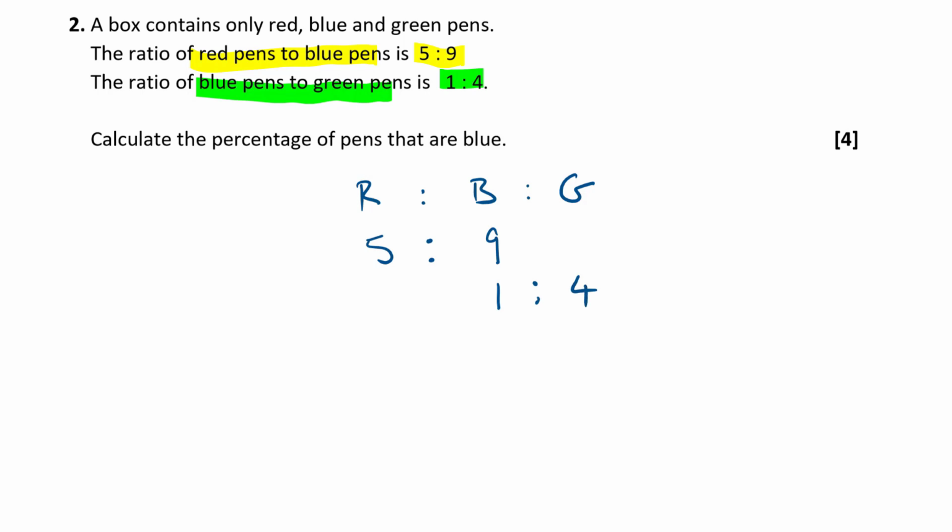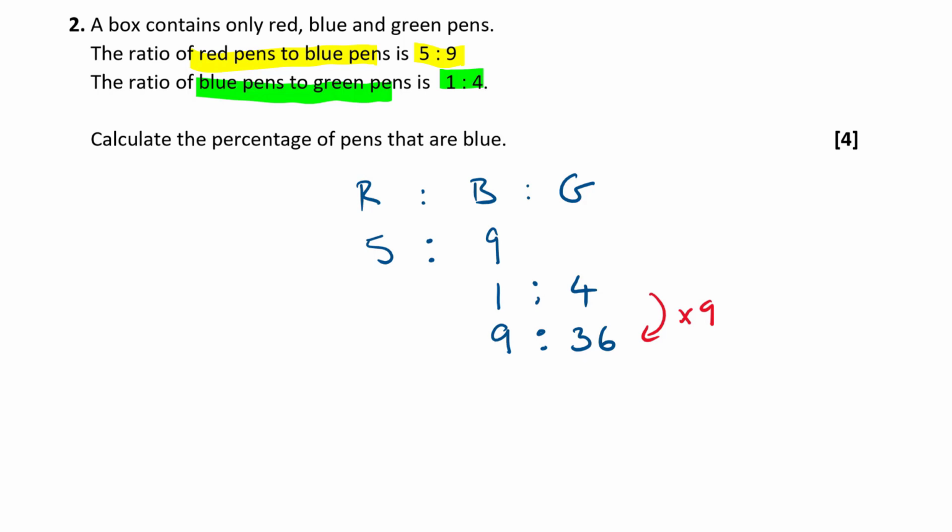Okay, so notice I've got 2 blue numbers. I've got a 9 and a 1. Now if I can take this second ratio, 1 to 4, and scale it up so that 1 becomes a 9, then I can combine the 2 together. So that's what I'm going to do. I'm going to multiply it up by a factor of 9. And that's going to give me a ratio of blue to green of 9 to 36.